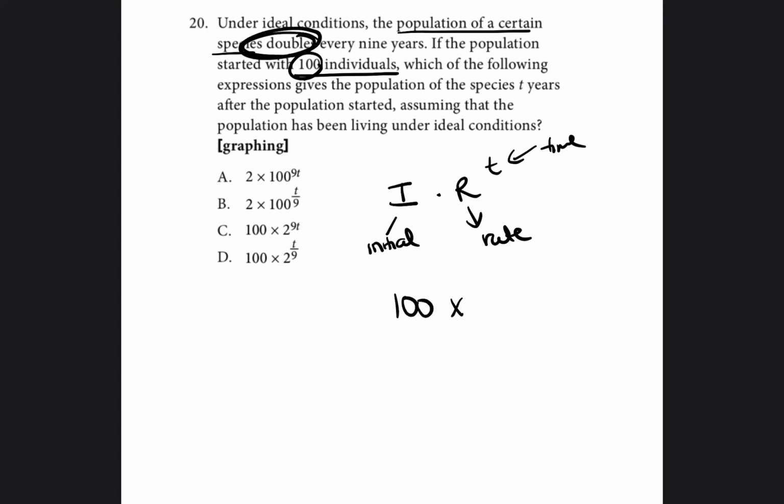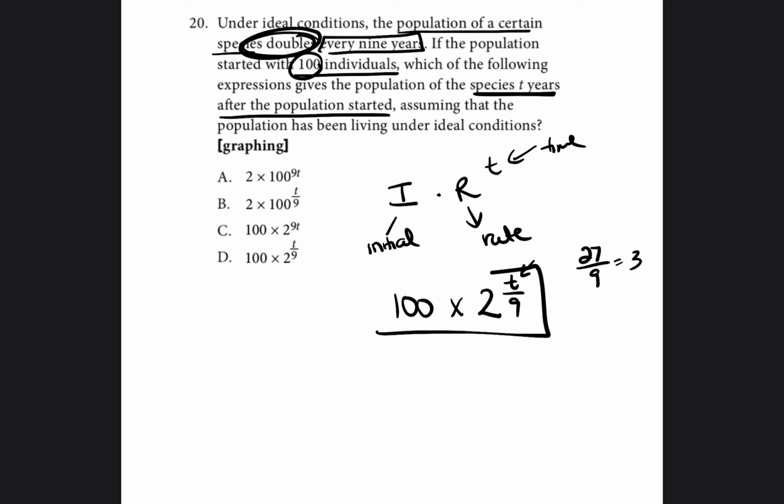It doubles, so 2 times. Every 9 years it doubles, but we don't know how many years it's been, so it would be T over 9. For example, if it was 27 total years divided by 9, it would be 3 intervals. But because we don't know how many years have passed, we just have to write it like this, and our answer would be B.